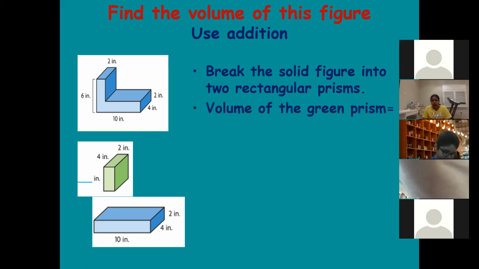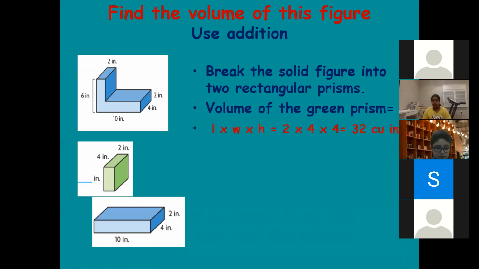Now, volume of the green prism. Shekha, can you read? Break the solid figure into 2 rectangular prisms. Volume of the green prism. How much? What is the volume of the green prism? 2 times 4 times 4.